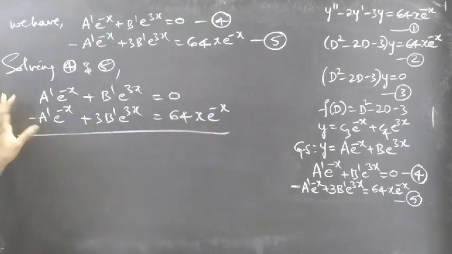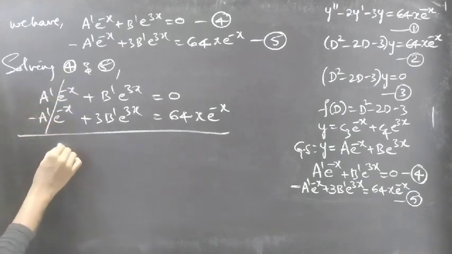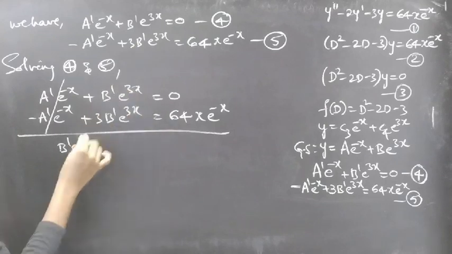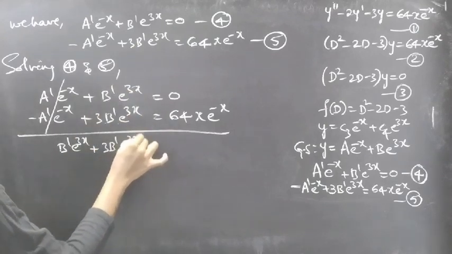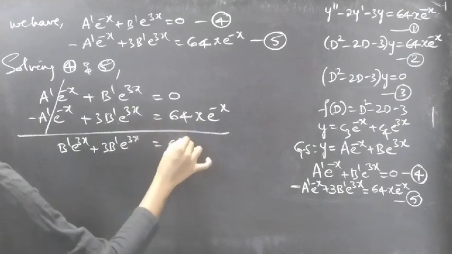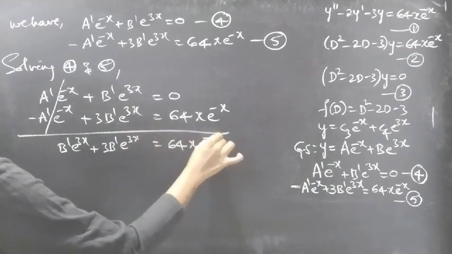So here, plus a dash e power minus x and minus a dash e power minus x gets cancelled, and we'll get b dash e power 3x plus 3b dash e power 3x equal to 64x e power minus x, right?